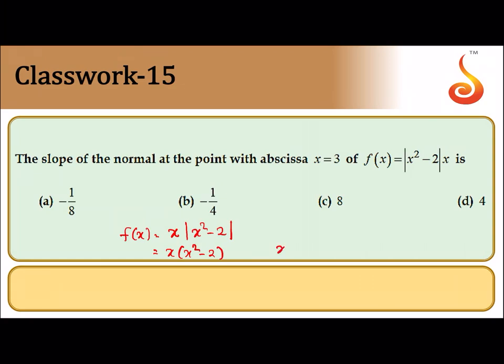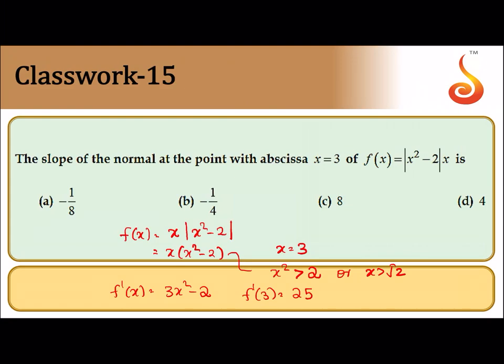Example 15. Slope of a normal at a point, f of x at x equal to 3. So this is x into modulus of x square minus 2, as given to you. This can be written as x into x square minus 2, because x is equal to 3, and the modulus is possible when x square is greater than 2, or x is greater than root 2.